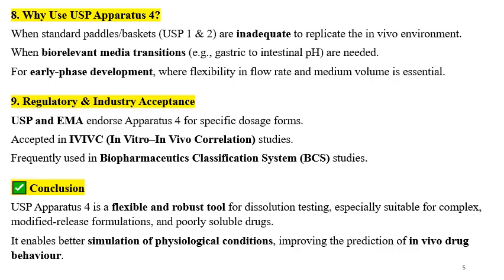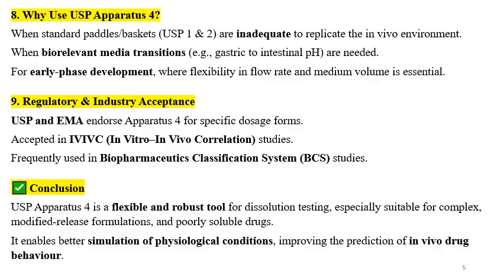Why use USP apparatus 4? When standard apparatus like basket and paddle cannot give results or are inadequate to replicate the in vivo environment, when biorelevant media transitions like gastric to intestinal pH are needed for complex formulations, at that time USP 4 can work.